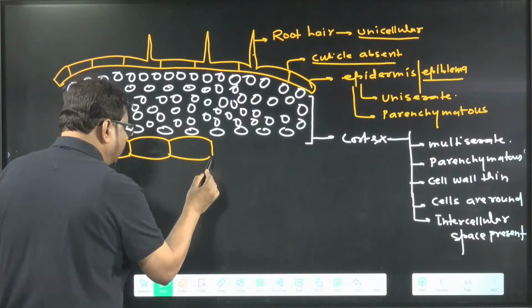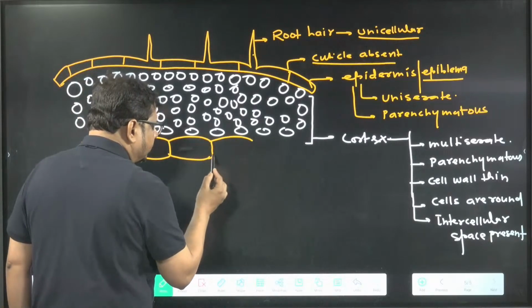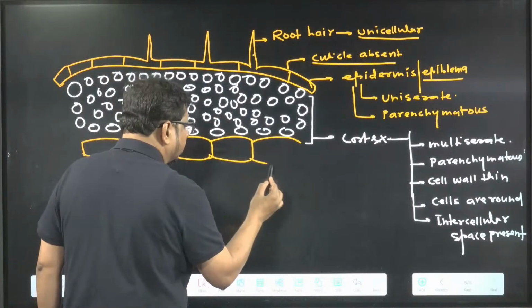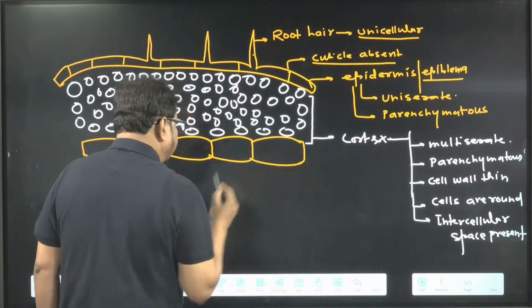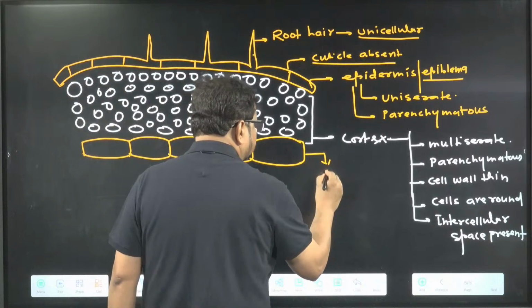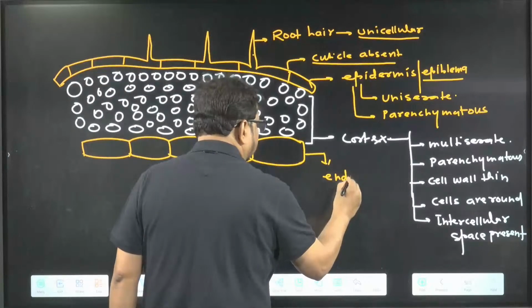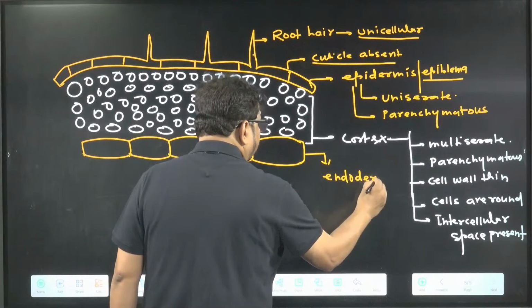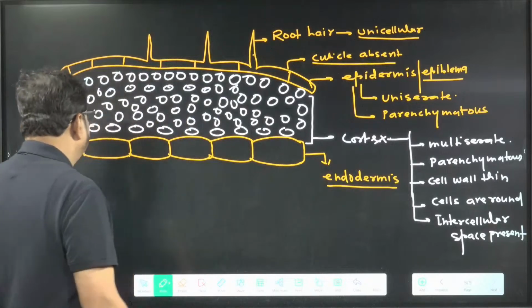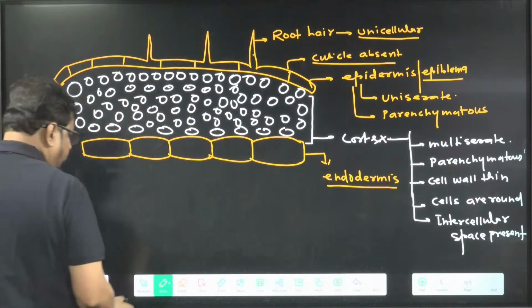Made up of which cell? Barrel-shaped cells. And this is called the endodermis.